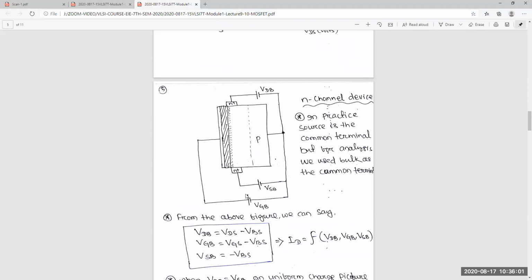As VDB increases from this voltage, what happens? This depletion region will increase, yes or no? Two, three things will happen here. So one by one I'll say. Once this voltage VDB increases, you can see first, suppose initially this VSB and VDB are at the same potential.